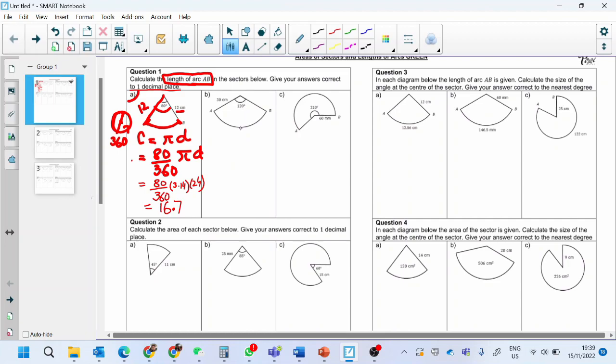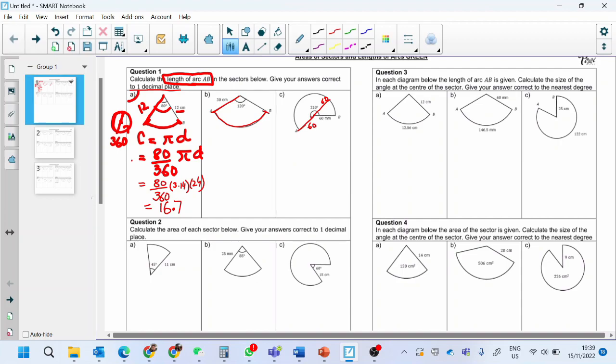In the same way, we have to find the length of the arc of this one. We'll use the same method: 120 out of 360, and the radius is 30, so we have to calculate the diameter, and pi remains the same. In this question as well, the radius is 60, so the diameter is 60 plus 60, 120.